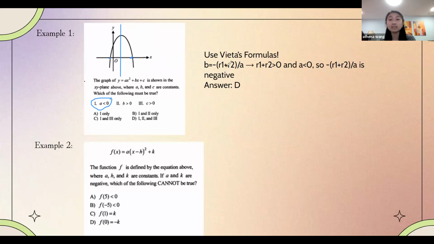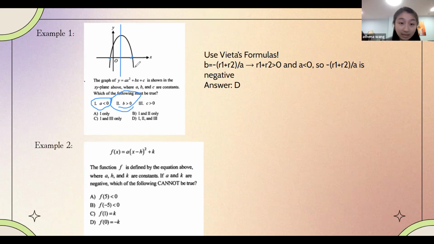Okay, and then from this we have that R1 plus R2 is greater than 0 and A is less than 0, so A is also a negative number. So if a negative number is divided by a negative number, we have a positive number. So B is greater than 0. That is true.